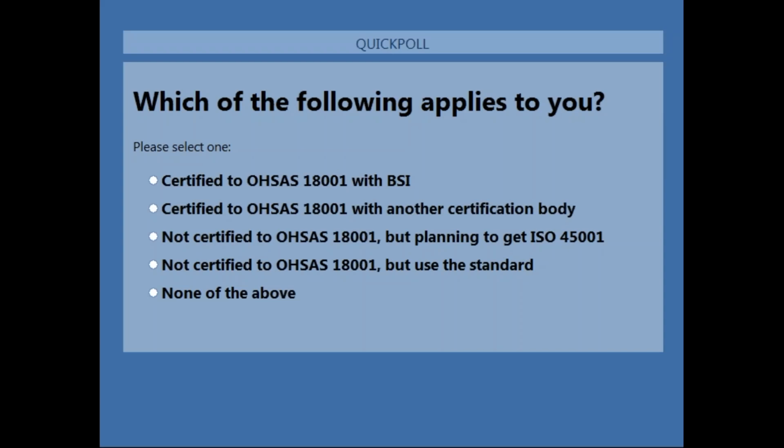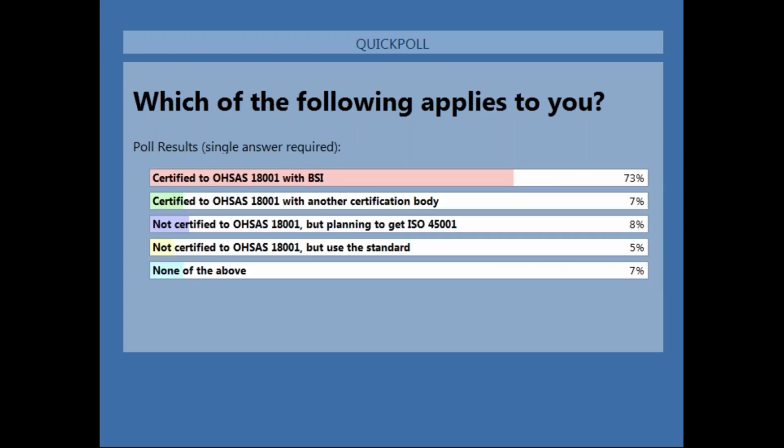Tell us if you're certified to OHSAS 18001 with another certification body. Let us know if you're not certified to 18001, but you're planning to get ISO 45001. Let us know if you're not certified to OHSAS 18001, but you do currently use the standard. So basically you're a practitioner of 18001 health and safety, but you don't actually have a physical certificate to say that you comply to it. Or indeed none of the above. I'm just going to share the results with you right now.